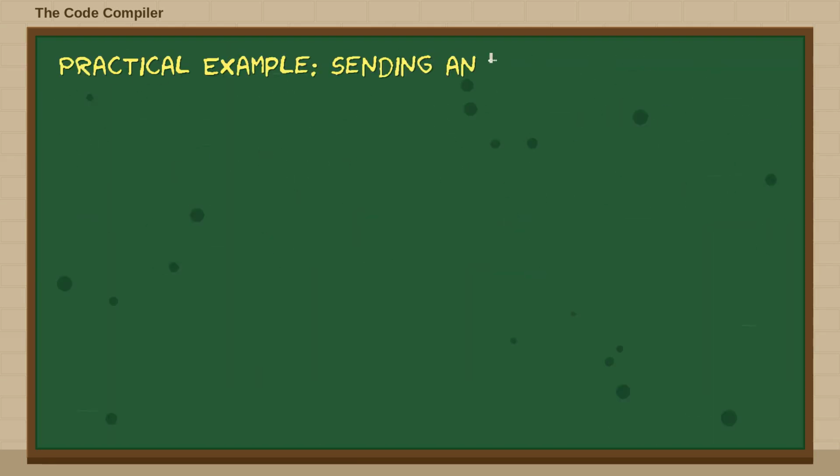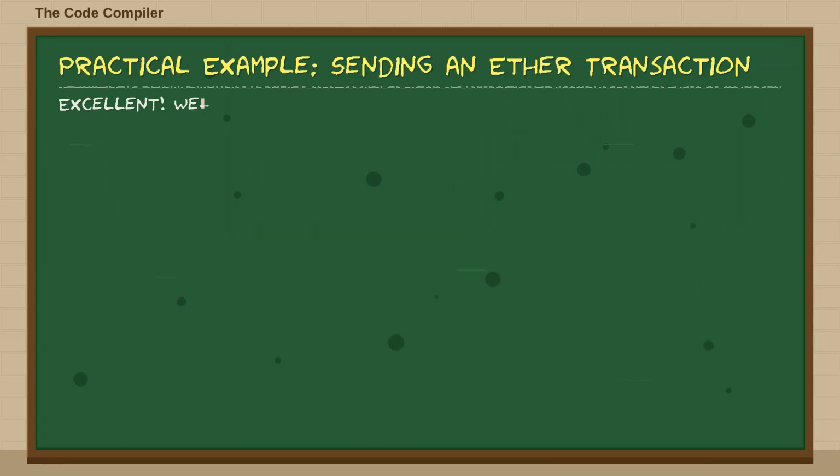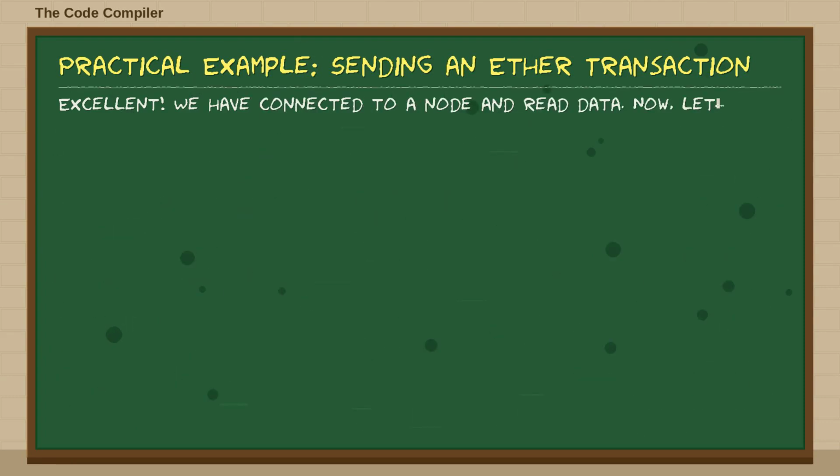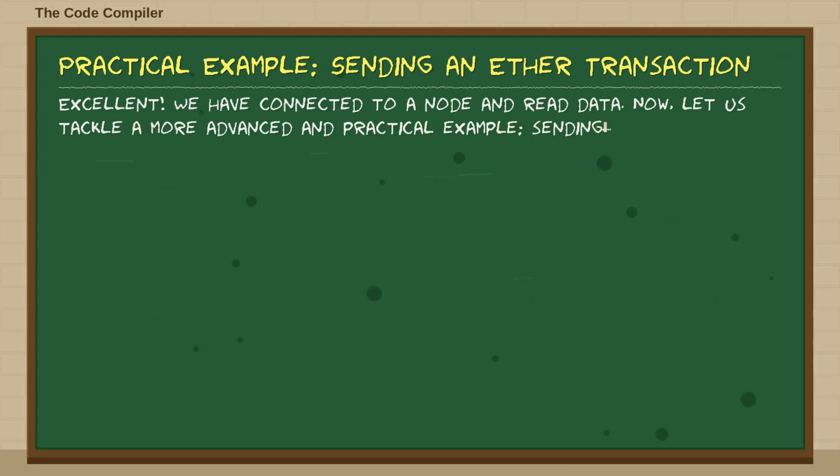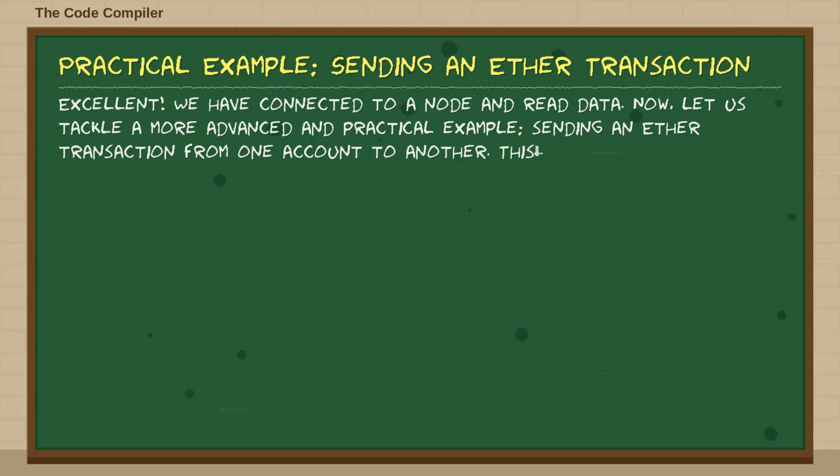Excellent! We have connected to a node and read data. Now, let us tackle a more advanced and practical example, sending an Ether transaction from one account to another. This involves several crucial steps.